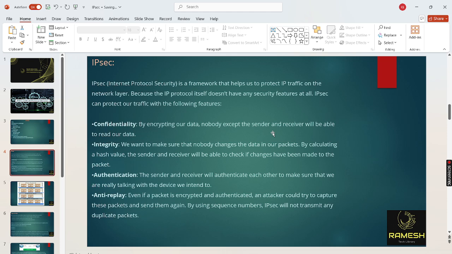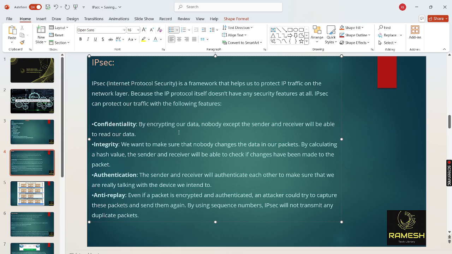Encryption means the one who is sitting on the internet can't read the data when encryption is done on it. Once we encrypt the data, nobody can read it except the sender and receiver, because the sender will encrypt the data using some keys like a public key and send it to the receiver, and the receiver will decrypt it using a private key and read whatever data was sent. So confidentiality in IPsec is mainly achieved by encrypting the data, where the sender and receiver will be able to read the exact data. No other can read that.